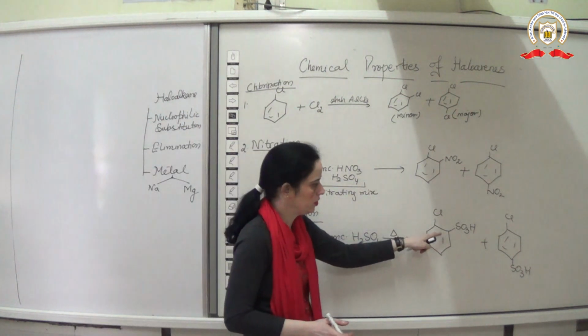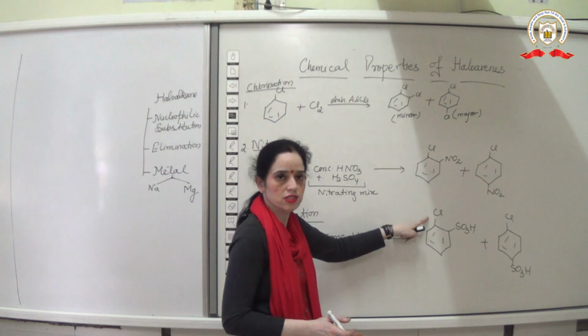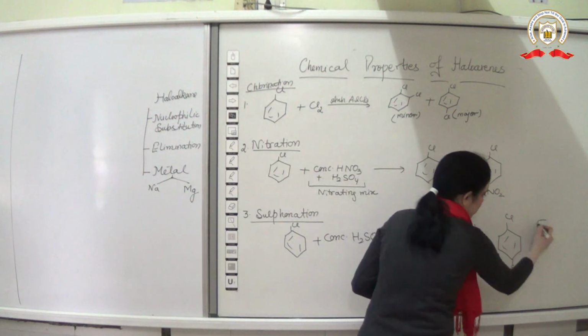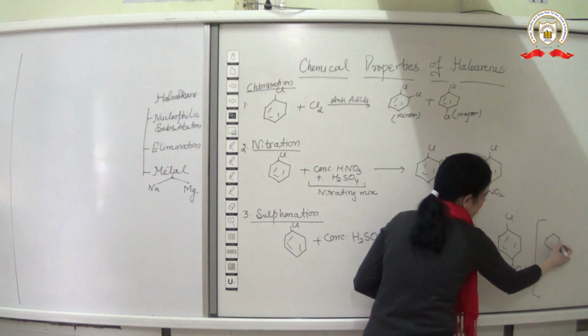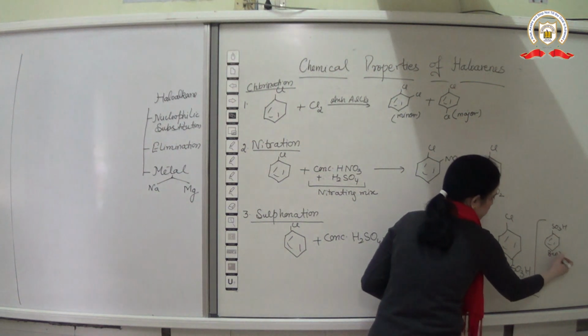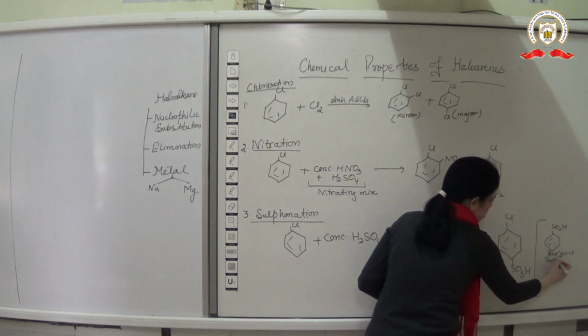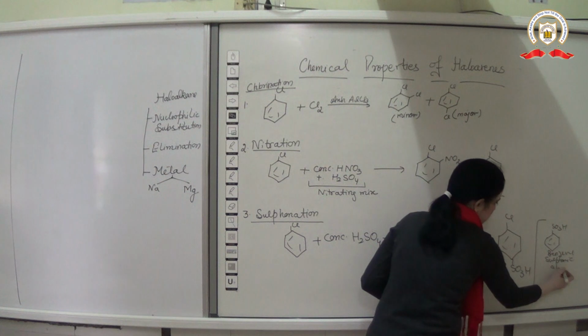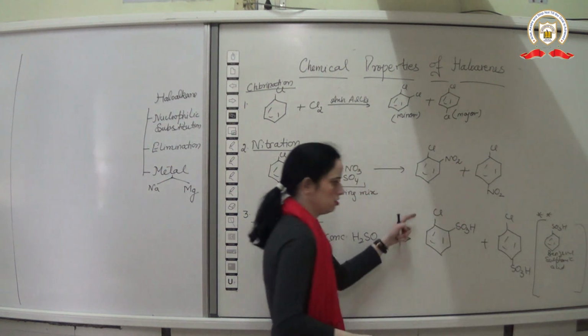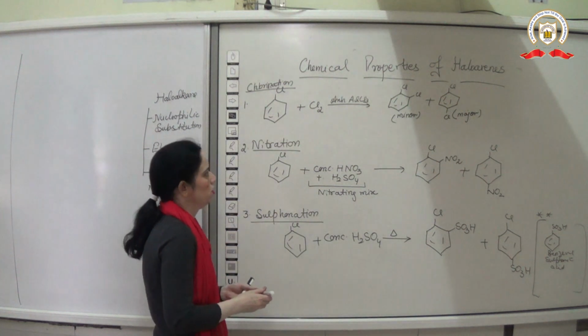So the names given are 2-chloro and 4-chloro. I am writing with the main one. When we have a benzene ring with SO3H, the name is benzene sulfonic acid. So we will be giving simultaneously the names 2-chloro and 4-chloro.